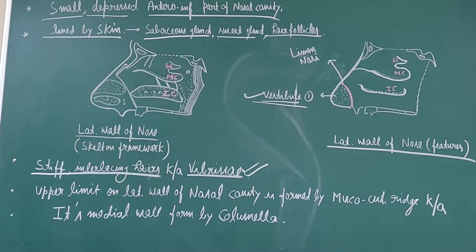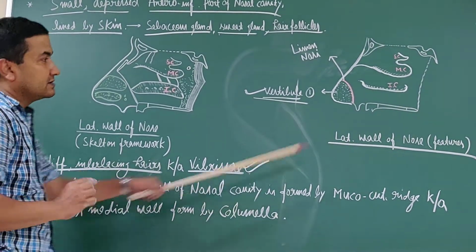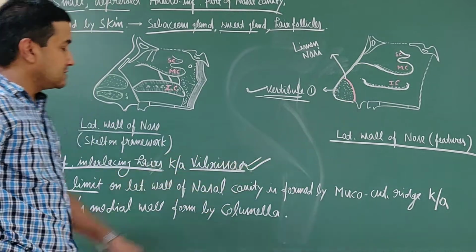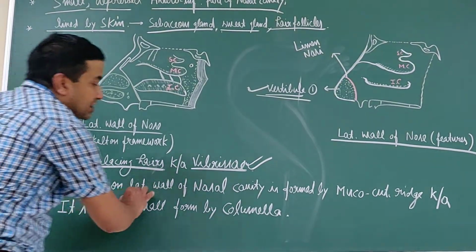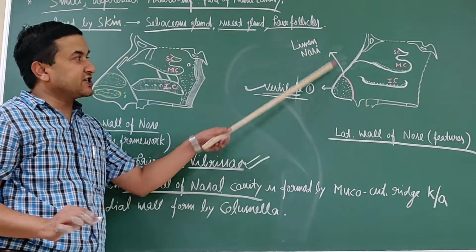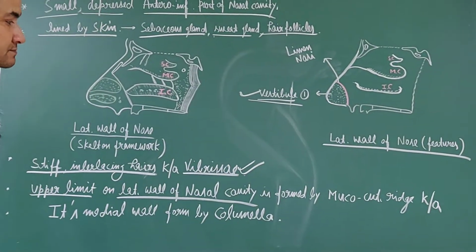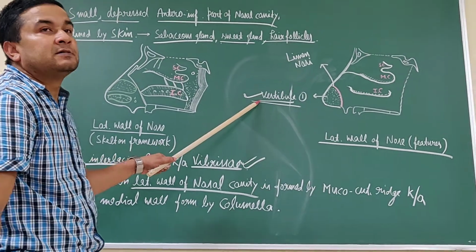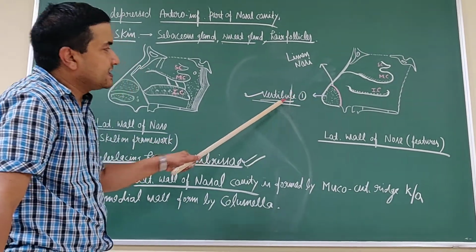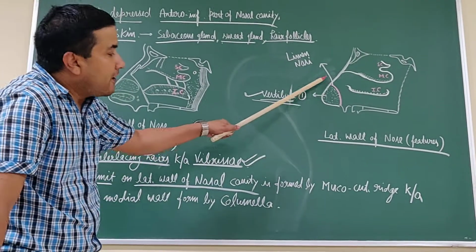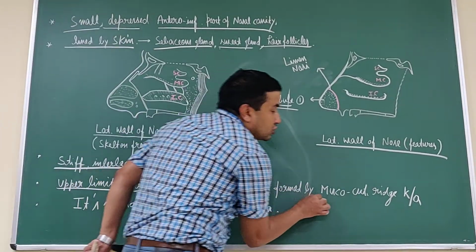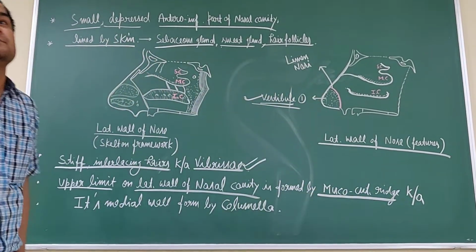Now you see the boundary, the upper limit. On the lateral wall of the nasal cavity, in this section showing the lateral wall of the nose, the upper limit of the vestibule is formed by a mucocutaneous ridge.